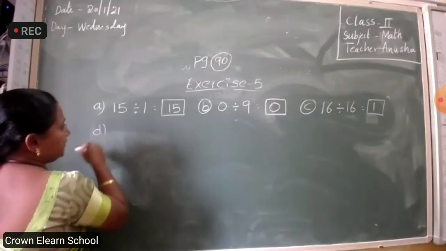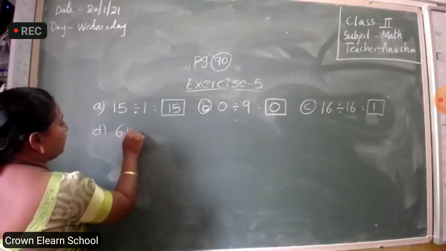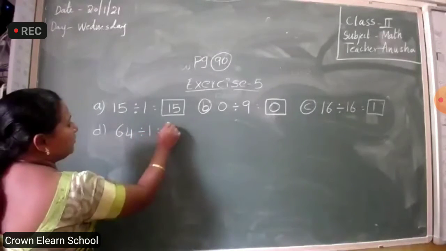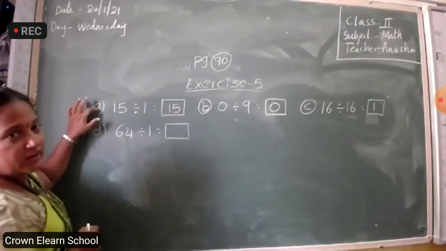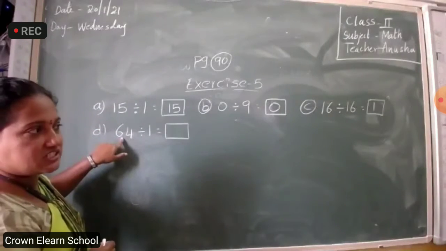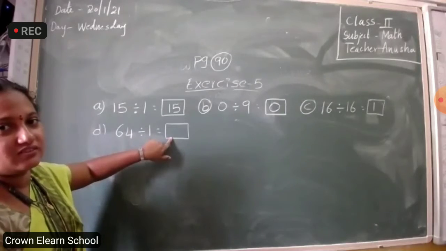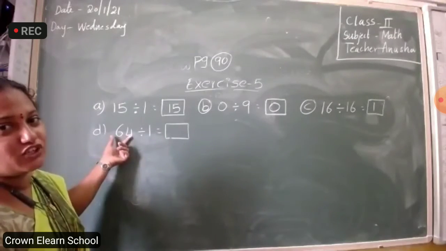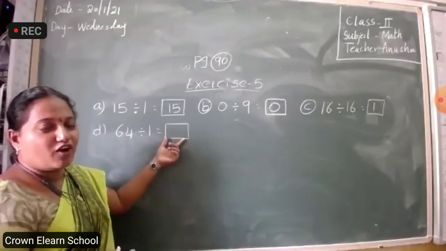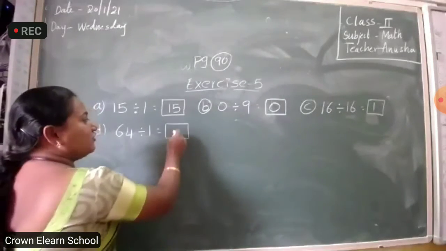Next, D. 64 divided by 1. What is the answer? Like A, same property. Your mother has 64 chocolates. You are only one kid. How many will you get, Nana? 64.